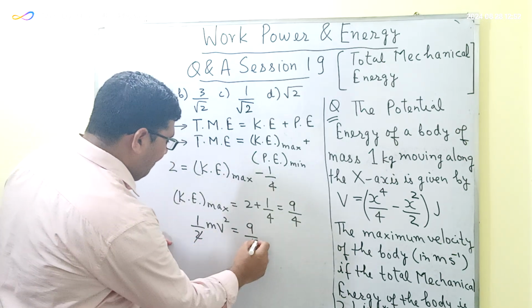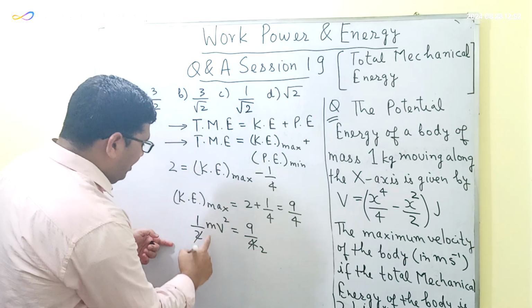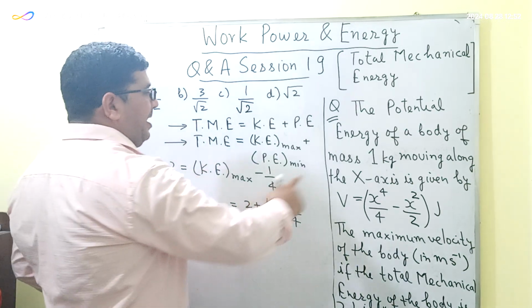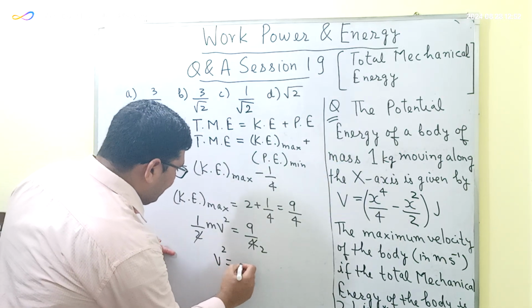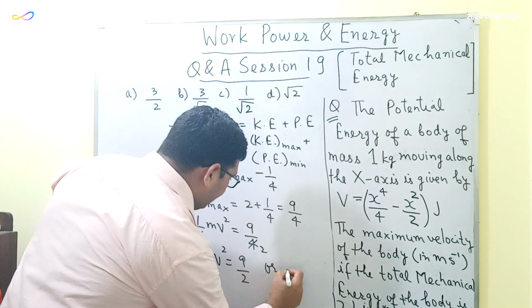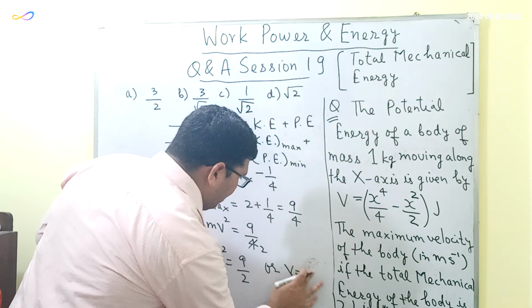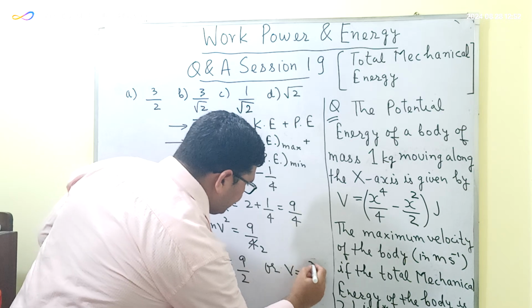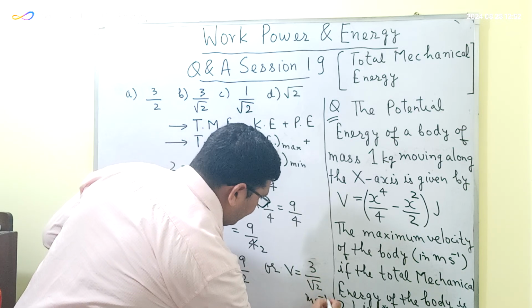So from here, this will get cancelled out, and the value of the mass of this body is 1 kg. So v square will be equal to 9 by 2, or simply we can say that v is equal to 3 upon root 2 meters per second.